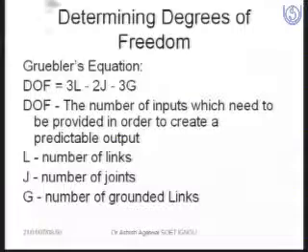So Grubler gave the formula for determining the degree of freedom, that is 3L minus 2J minus 3G, where L is the number of links, J is the number of joints, and G is the number of grounded links. Then we will also see how we determine the degree of freedom for different mechanisms.